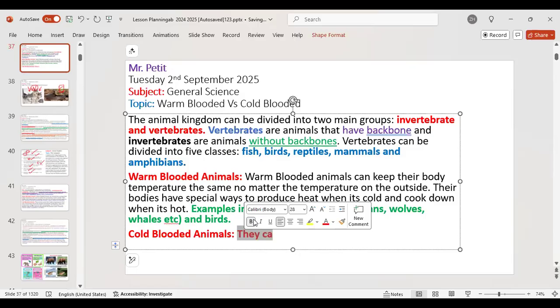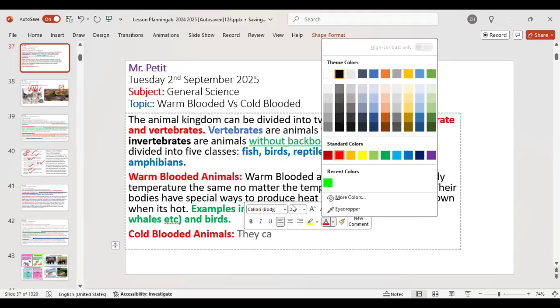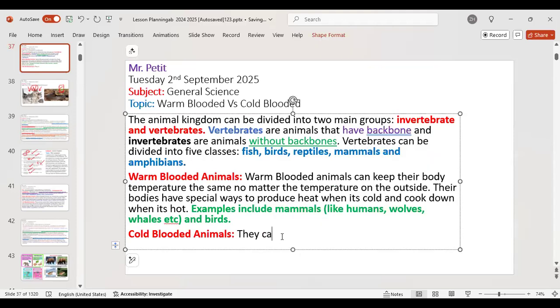Cold-blooded animals are the opposite. They rely on the outside temperature for the temperature of their bodies. They cannot produce heat on their own, so they cannot control their body temperature on their own.